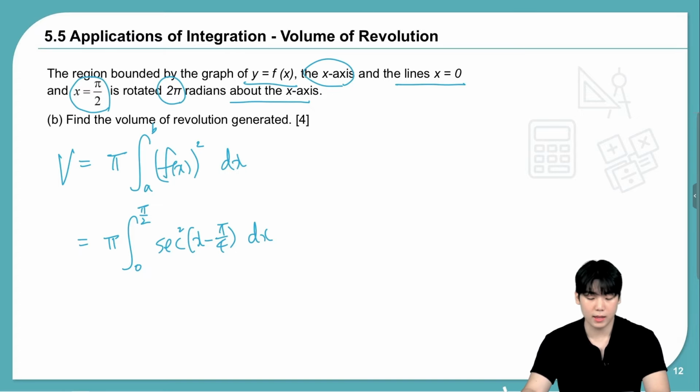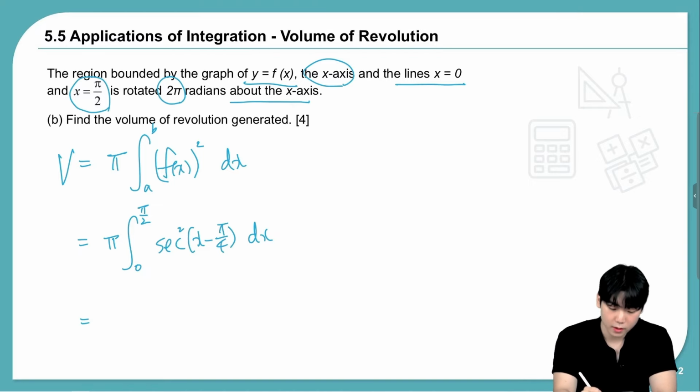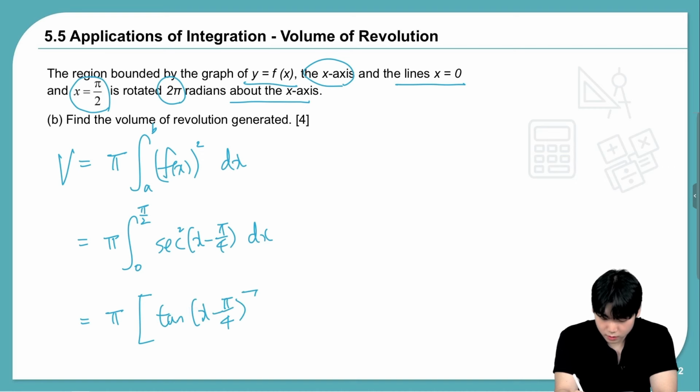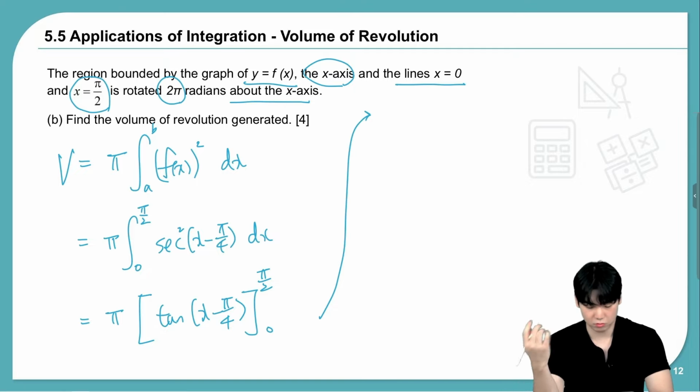All right. And if you were to integrate secant squared, you get tangent, right? So this is pi tangent of x minus pi over 4 from 0 to pi over 2. No plus c, okay, this is a definite integral. We don't need any integral constant. So we just have to solve that.